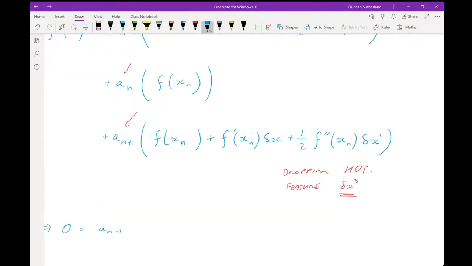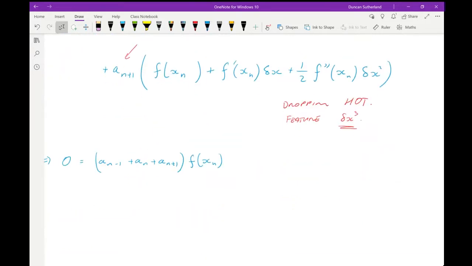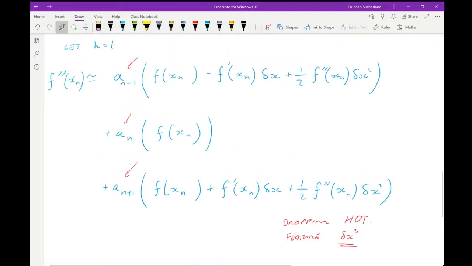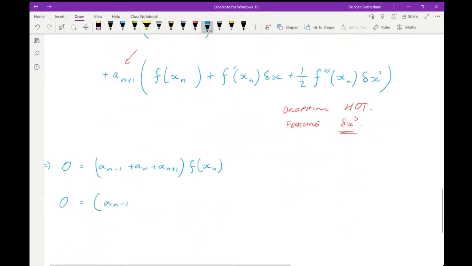So a n minus 1 plus a n plus a n plus 1 times f of x n, like that. That's our first equation, because there's no f term on the left-hand side. There's no f dash term on the left-hand side either. We're also left with a term, except that has a minus sign. That one has a plus sign.